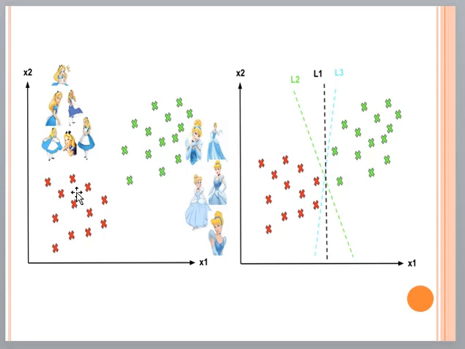Now I want to have a decision boundary or a hyperplane which could successfully separate these two classes. So I know that this is my decision boundary or hyperplane in 2 dimensions. I can draw a hyperplane, shown here as L1, in this direction.